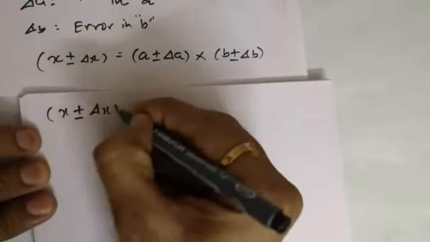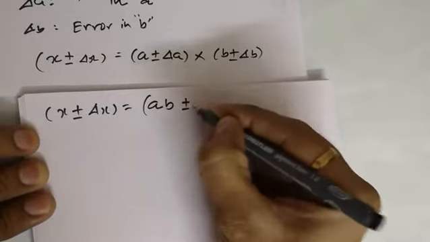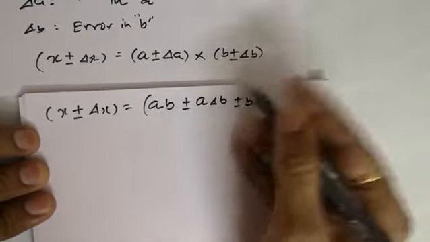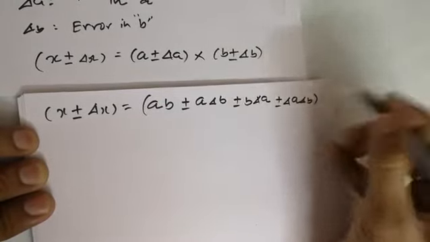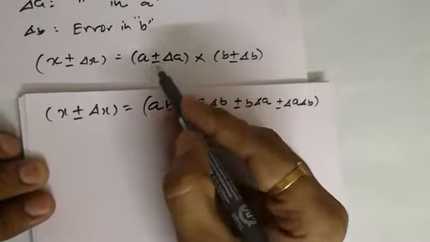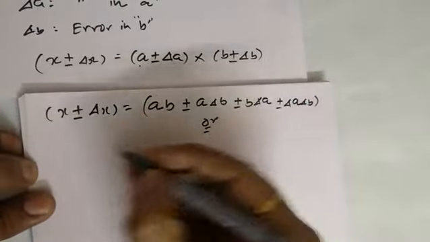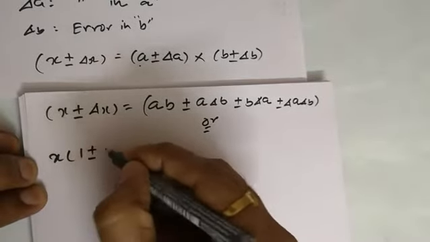First, x plus or minus delta x equals ab plus or minus a delta b plus or minus b delta a, and plus or minus delta a delta b. It means I have multiplied the first term with both and the second term with both.